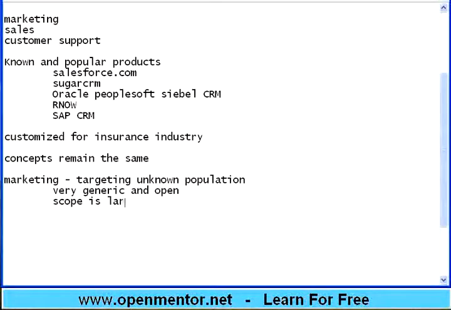Scope is large. What do you mean by targeting unknown population? Again, the core idea of marketing is to get mind share in someone about your product or service.